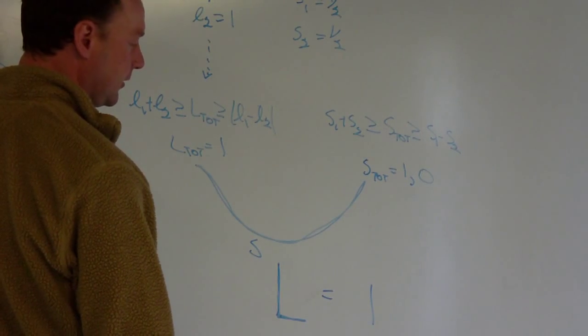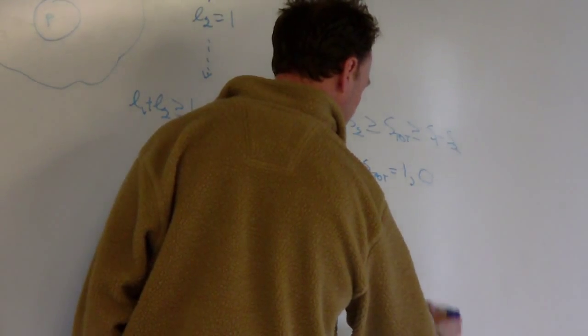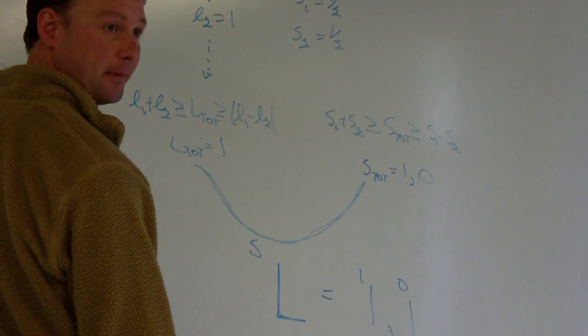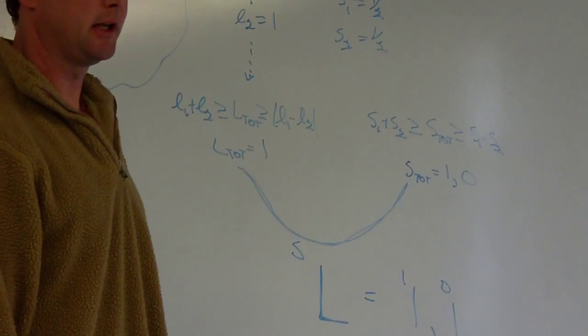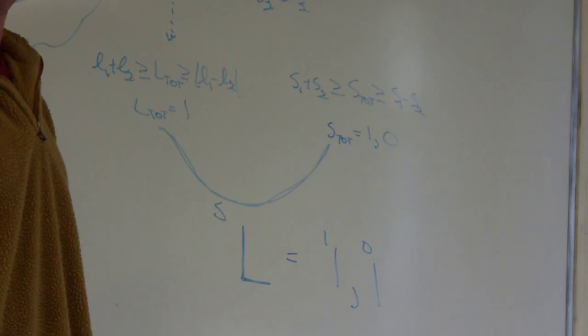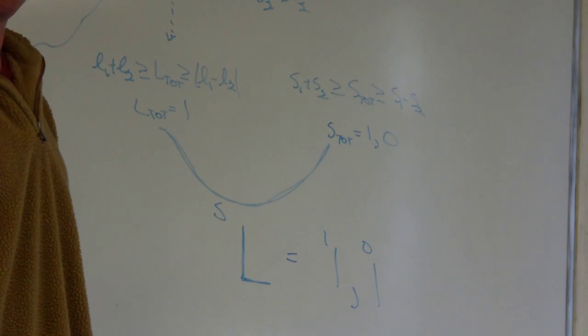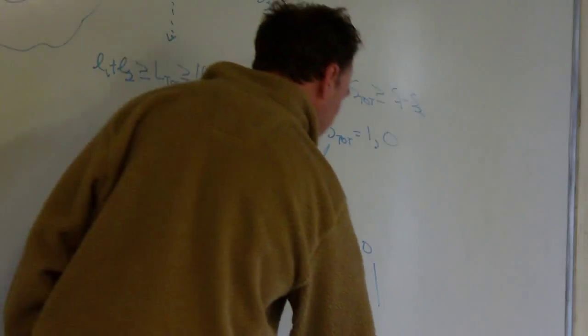What are the values of S that you can have? 1 or 0. But you don't usually put in the numbers, you usually designate it differently. If you have an angular momentum of 1, what letter is that, like S, P, D, F? S is 0, no, P. So these are both P's.